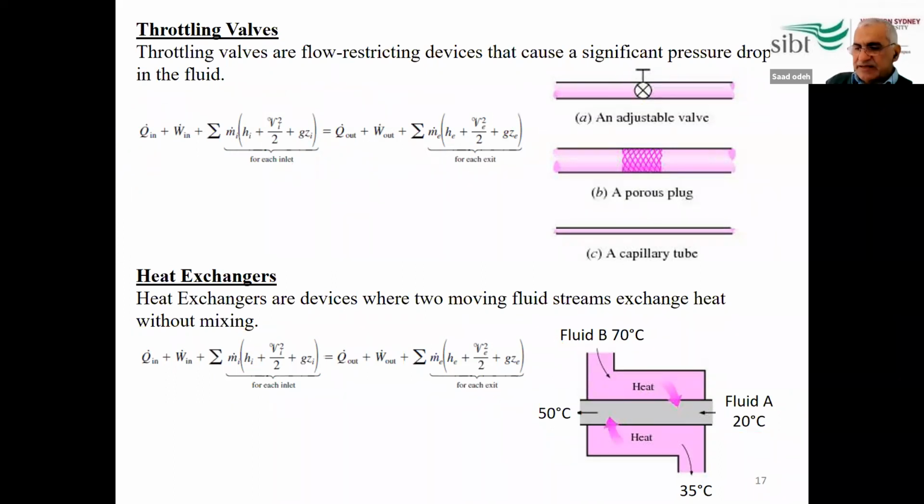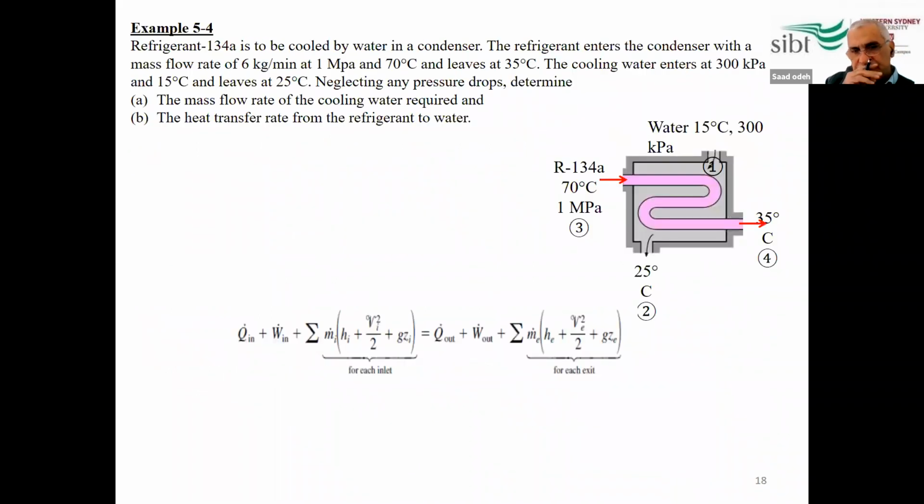Okay, so let's take an example here. This example is about a heat exchanger using two fluids. There is liquid water, entering the heat exchanger at 15 Celsius, and the same water leaves the heat exchanger at 25 Celsius.